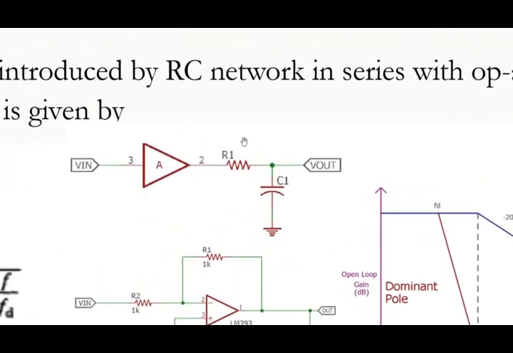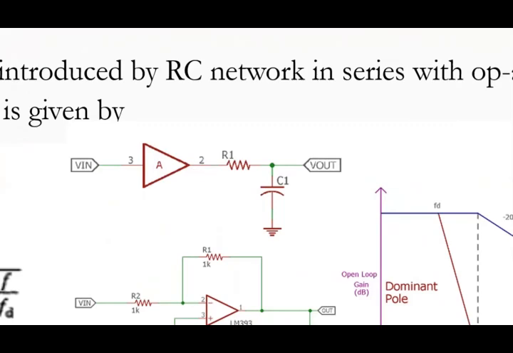Here you can observe the circuit we are using for dominant pole compensation. In this circuit, we give input to the operational amplifier, and we are not taking the output at the output of the operational amplifier.